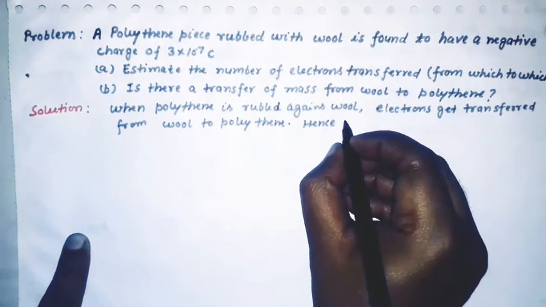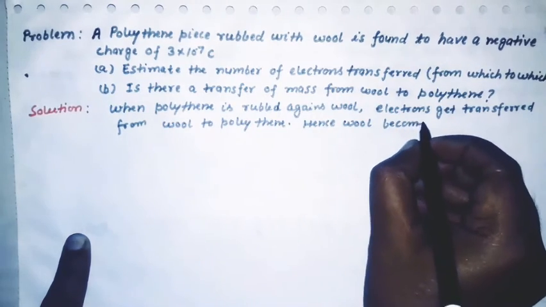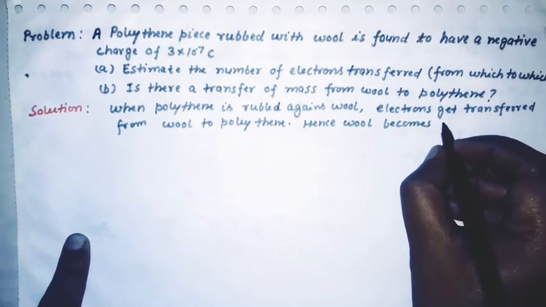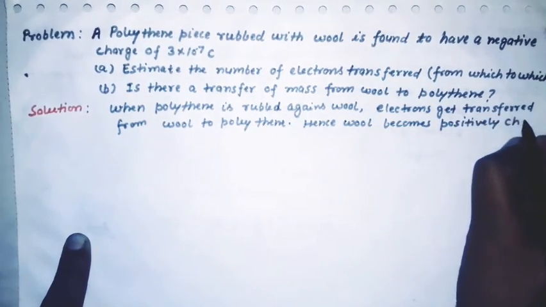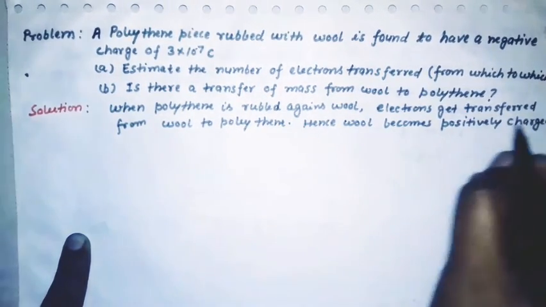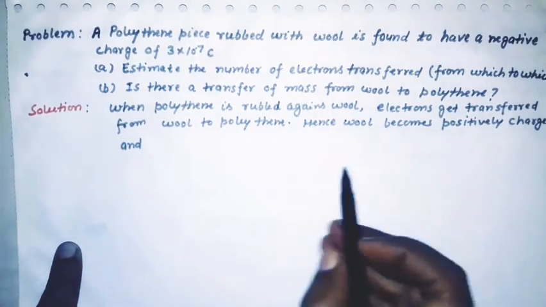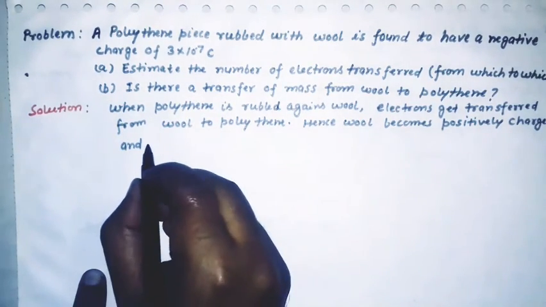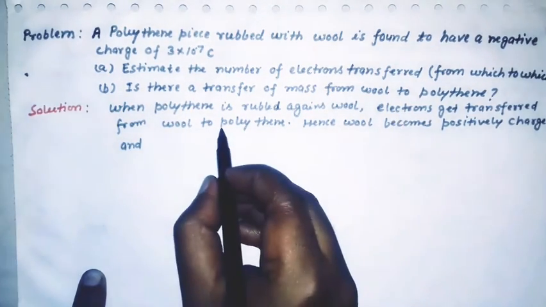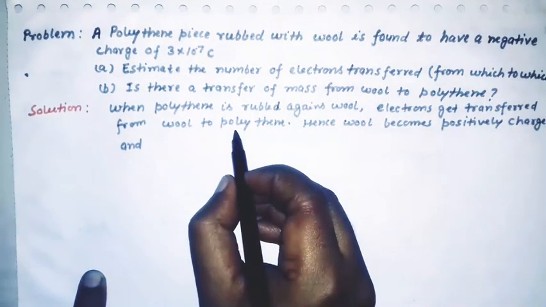Hence, wool becomes positively charged and polythene becomes negatively charged. Because the electrons are going to polythene, so electrons are negative charges, so polythene becomes negatively charged.